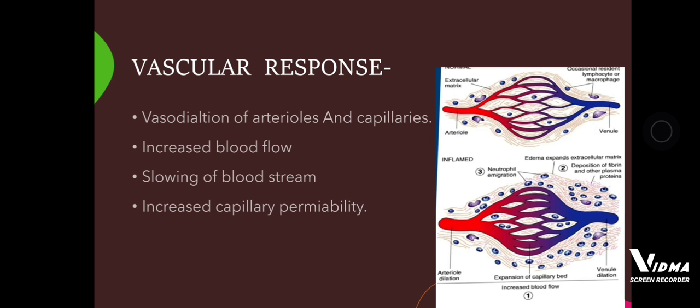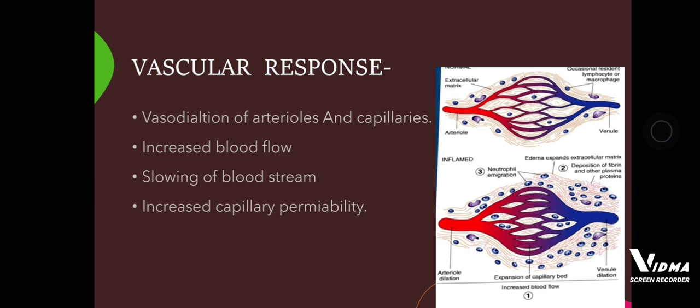The second one is the inflamed one. If there is an injury or burn or infection, in the normal state the arterioles and venules have normal blood flow.